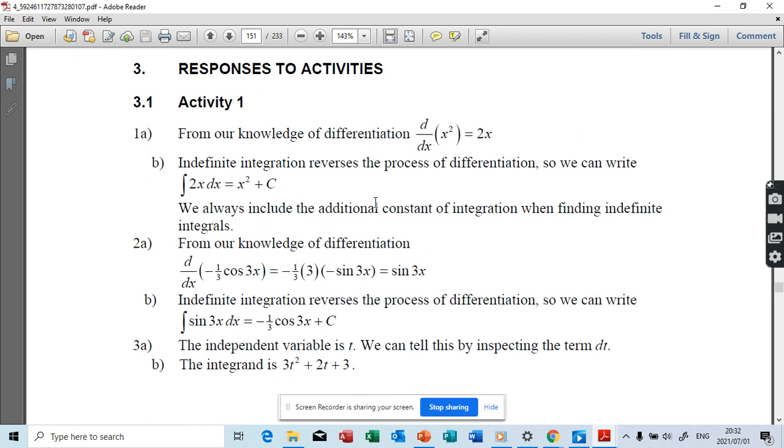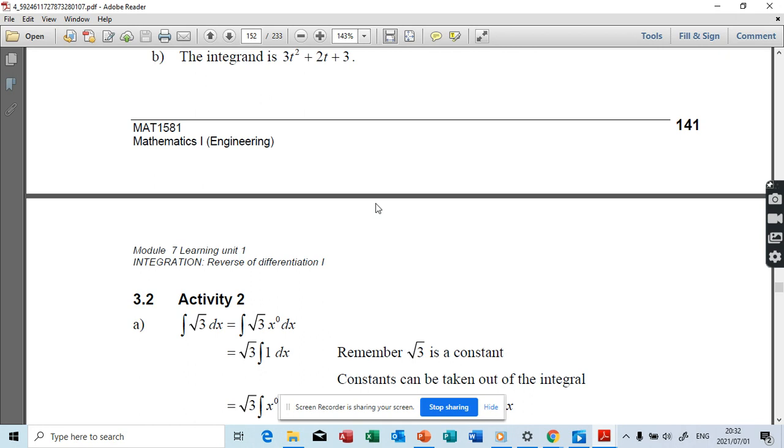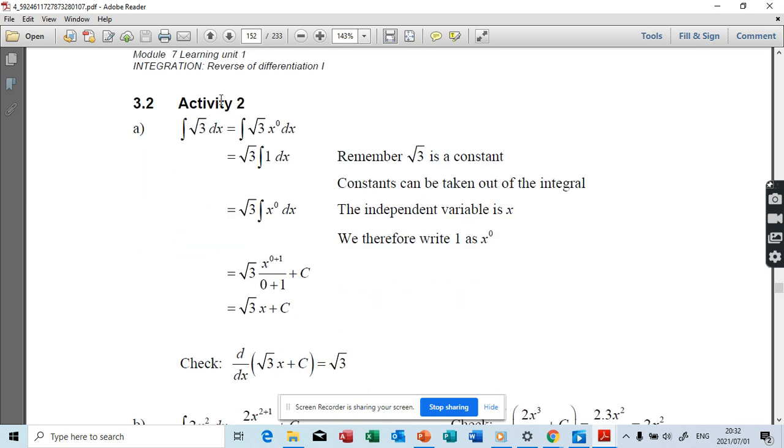For instance, we're not going to do the trigonometric ones today. You see that question of yours, Anthony? You've got root 3. Root 3 is a constant because it does not have a function of x. So they just put x to the power 0. Remember what I said? If you've got a number alone, you add x to the power 0. We covered this. Remember, guys?